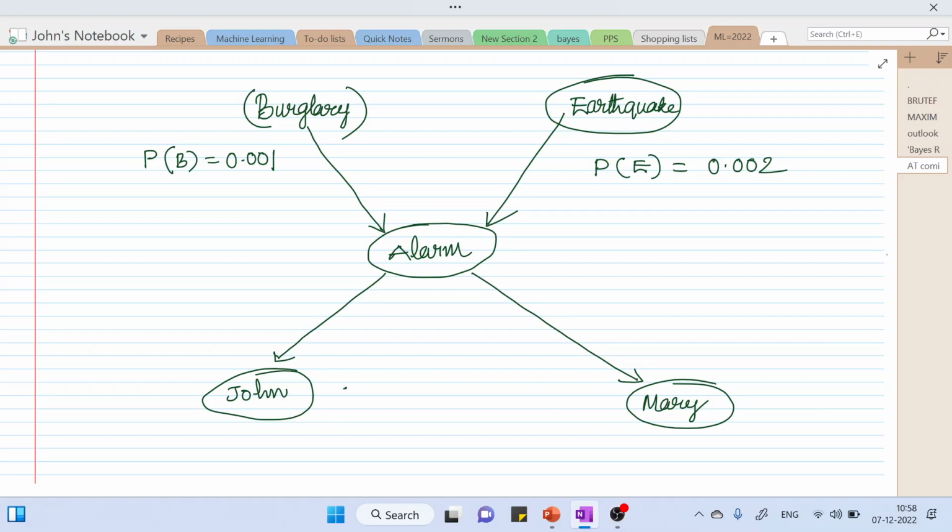So here the probability that John calls when the alarm rings is 0.9. This is conditional independence.